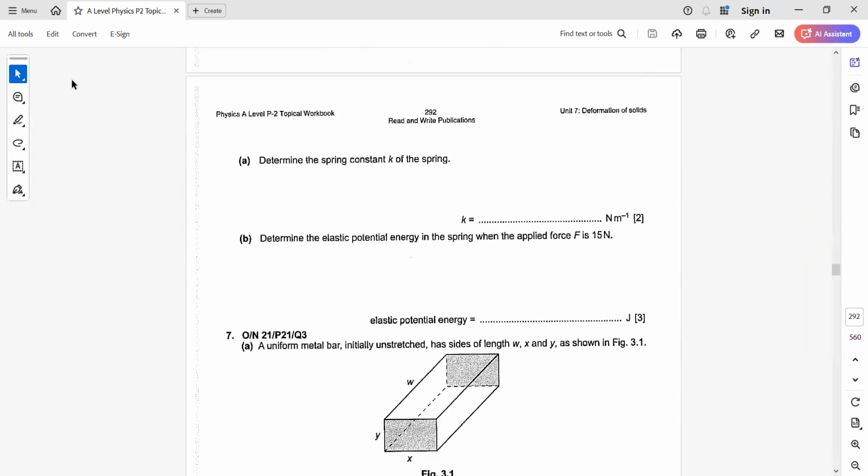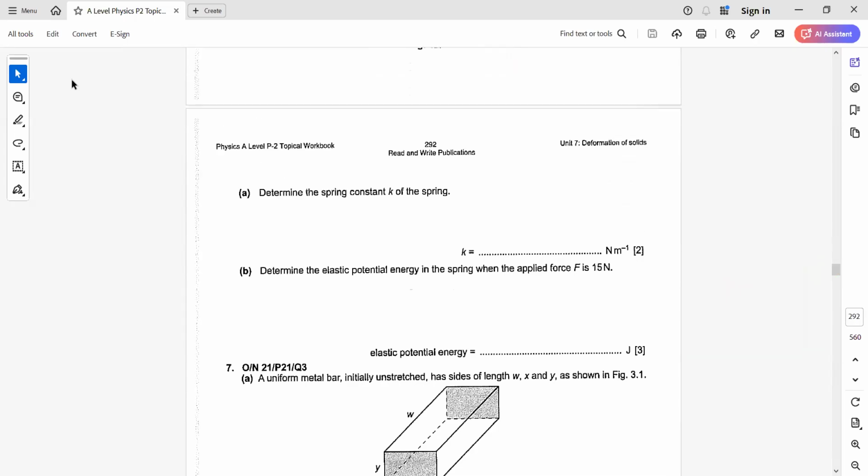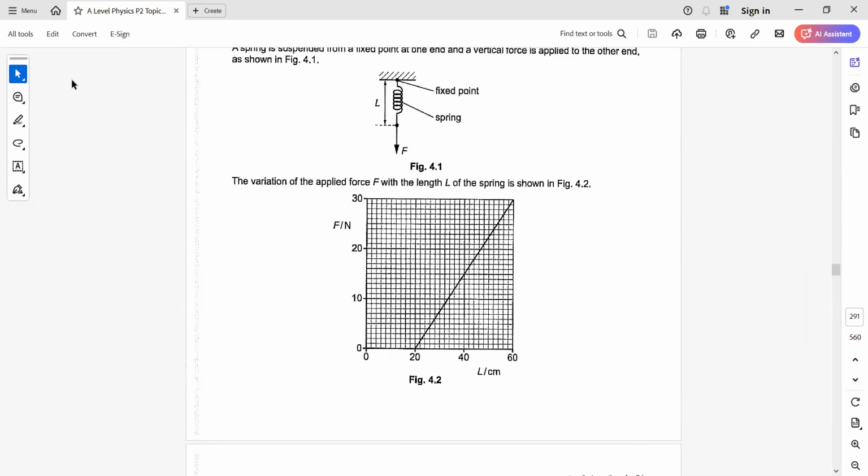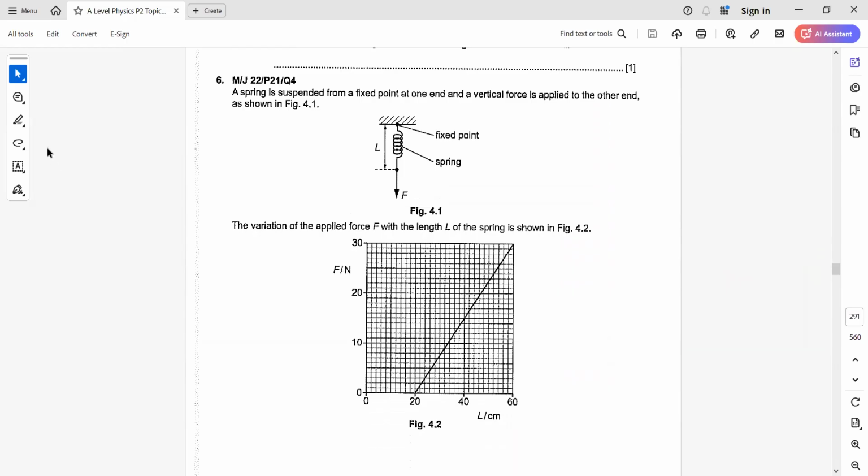It says determine the elastic potential energy for 15 newton. Elastic potential energy for a force of 15 newton. So if the force of 15 newton is going to lie exactly here in the mid, that would be somewhere here, yes. So this gives us 40.